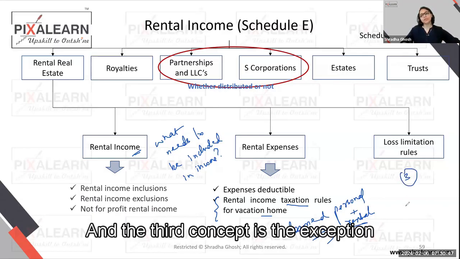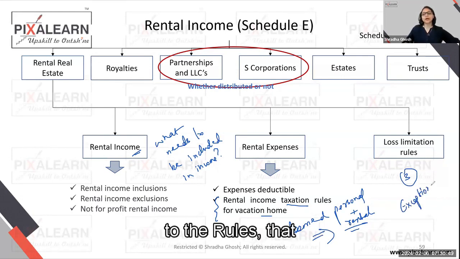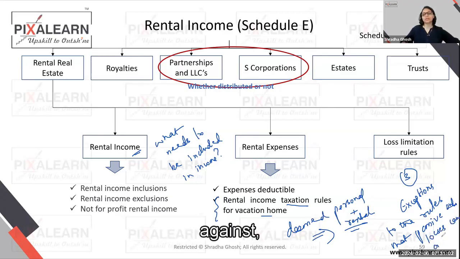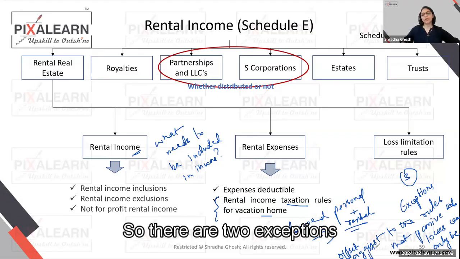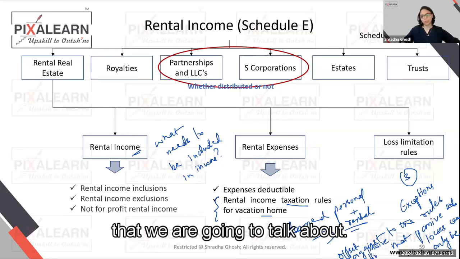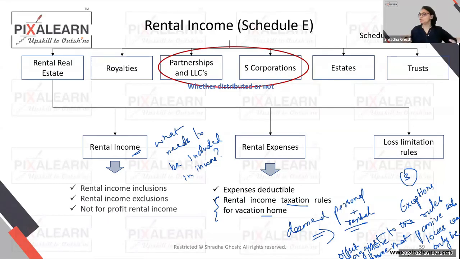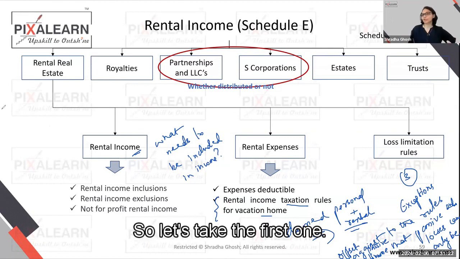And the third concept is the exception to the rule that passive losses can only be offset against passive income. So there are two exceptions that we are going to talk about. One is a mom and pop exception, and the other is for professionals. So let's take the first one.